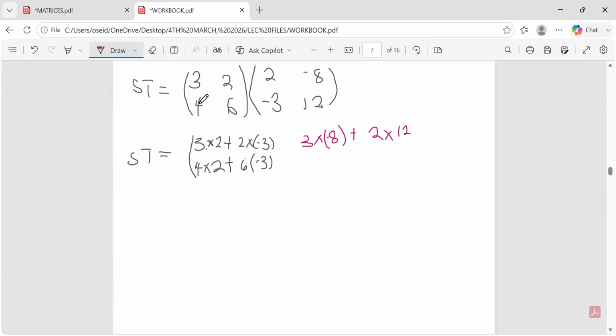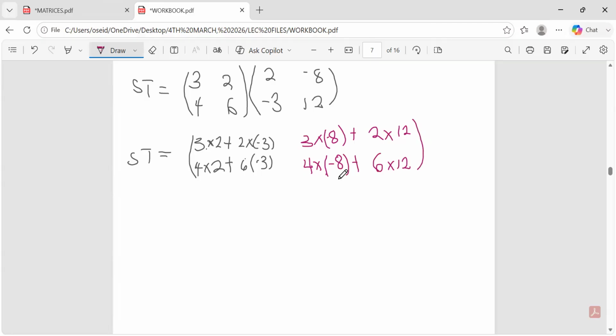Then we have 4 times negative 8 plus 6 times 12.